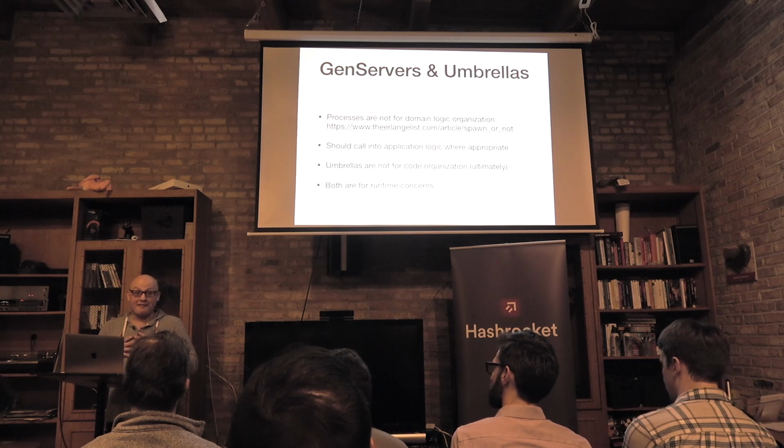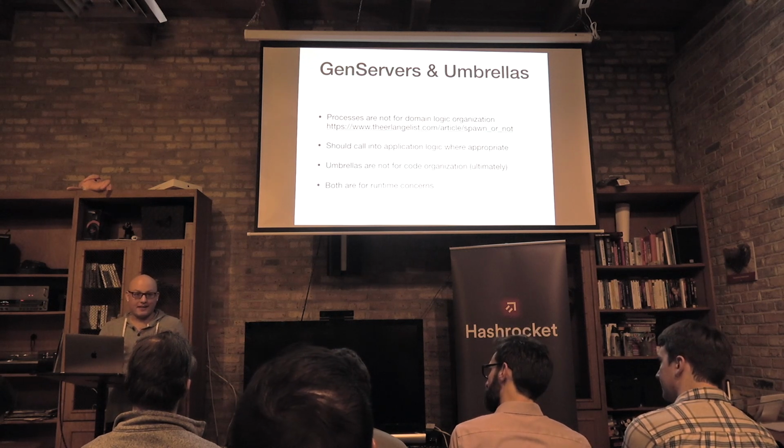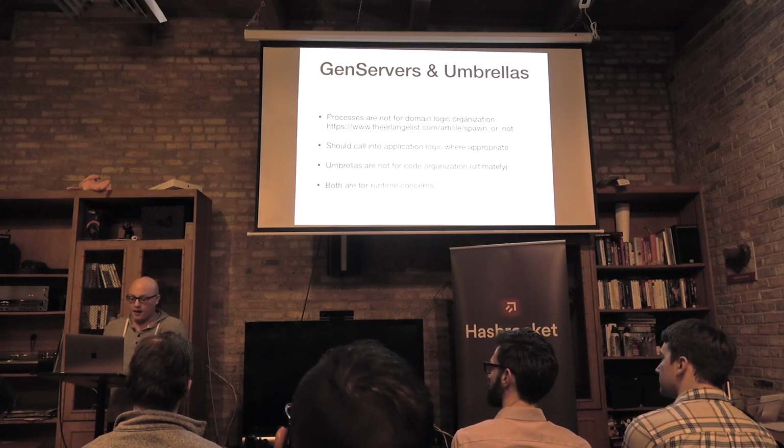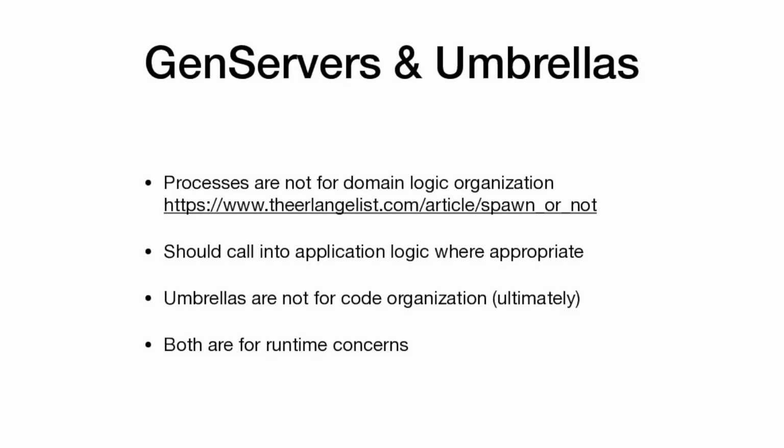I've done this before. I've tried to model process state in my applications, in processes and GenServers, and it's usually not what you want. They and Umbrella applications are more for runtime concerns rather than code organization.